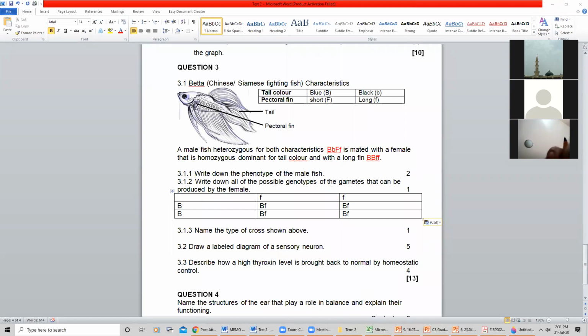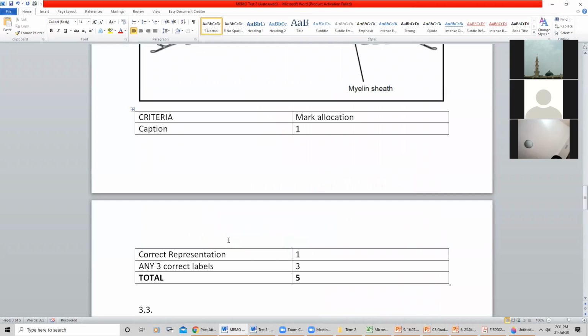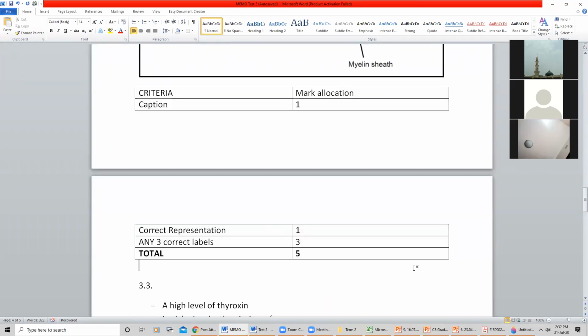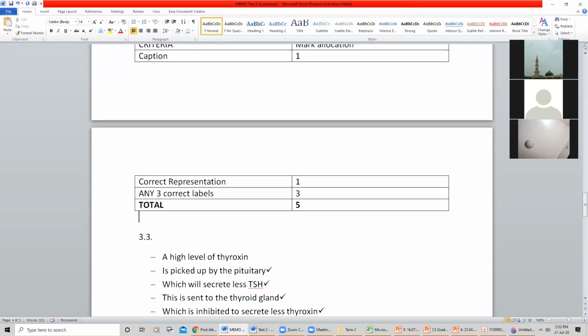If there's less TSH, it already tells you there's less thyroid stimulating hormone, then the thyroid gland will be stimulated less, and therefore less thyroxin will be secreted by the thyroid gland. Very good. Okay, so there's your 4 marks there. Picked up by the pituitary gland, which is the control center, which then secretes less TSH.